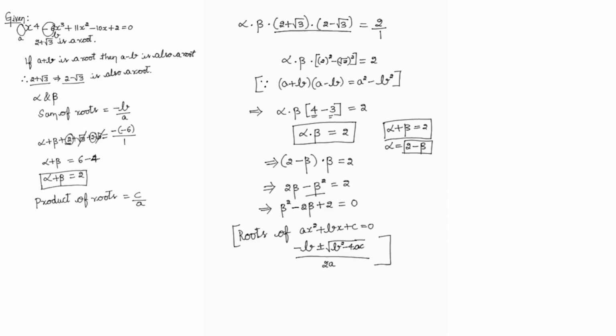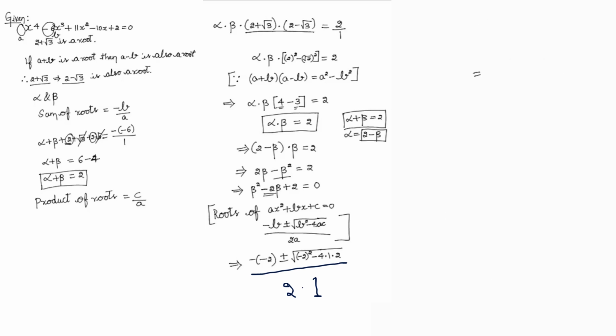So let's substitute the value for this formula, and then find the root. In our case, b is minus 2 and c is 2. Okay, b will be minus of minus 2 plus or minus whole root minus 2 whole square minus 4 into 1 into 2 whole divided by 2 into 1.